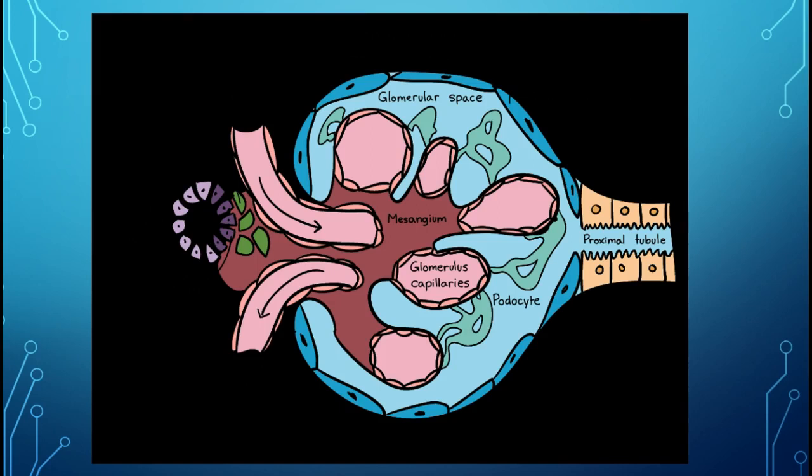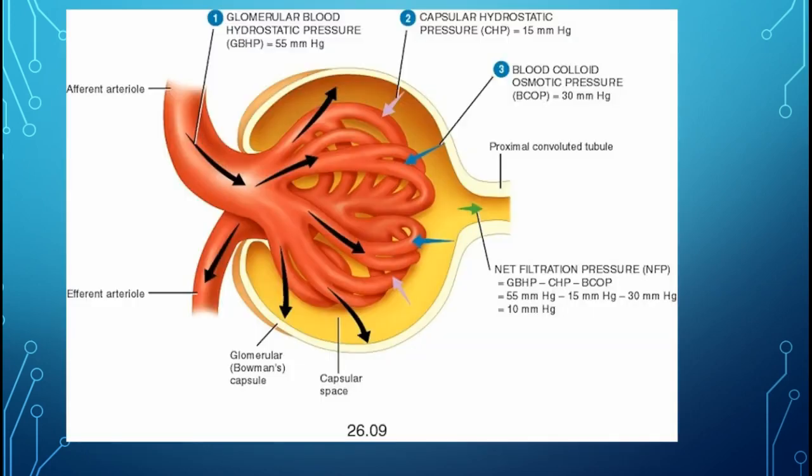Another image that is helpful is looking here. This is also looking at some of the factors that are affecting that glomerular filtration. So within that we have all these wonderful capillaries that are helping us filter out the waste within the blood.